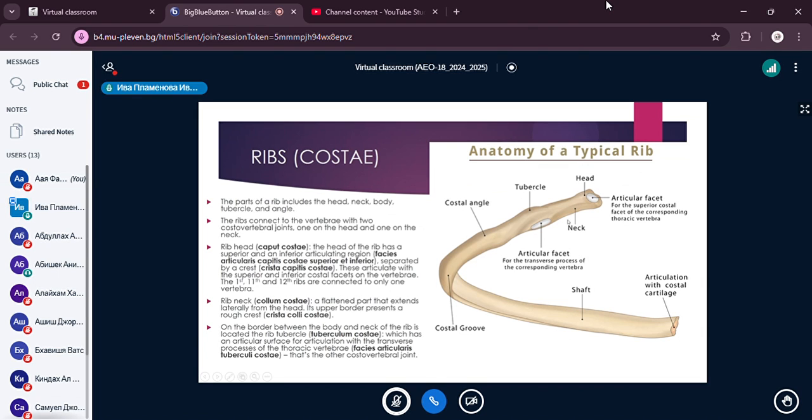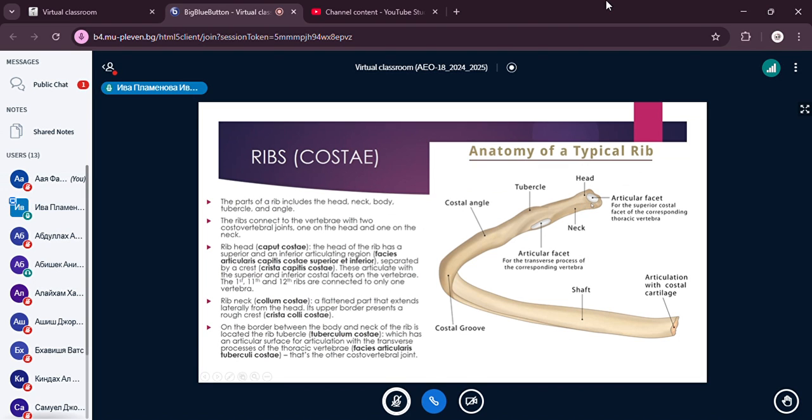The rib head is also called, in Latin, caput costae. It has one superior and one inferior articular facet. Facies articularis capitis costae, superior and inferior.